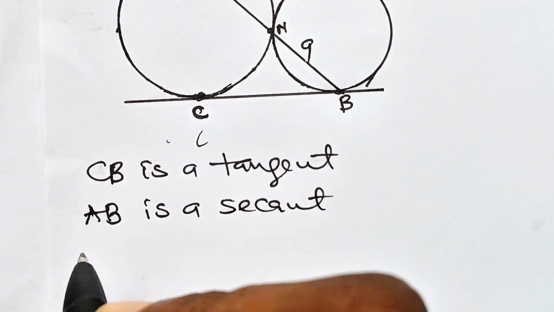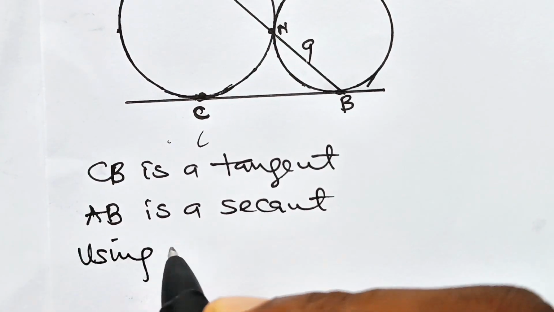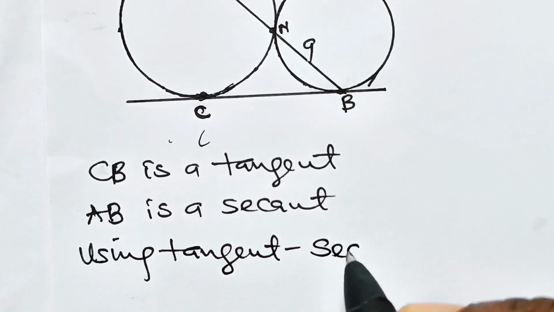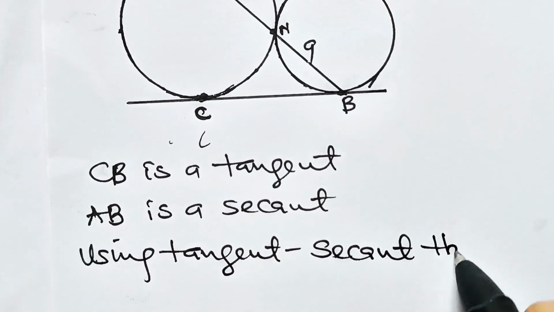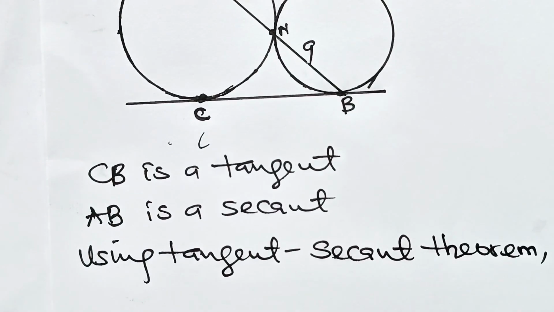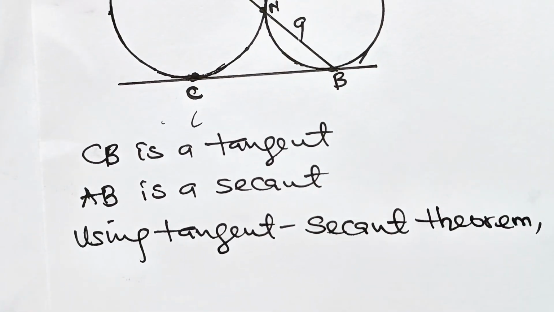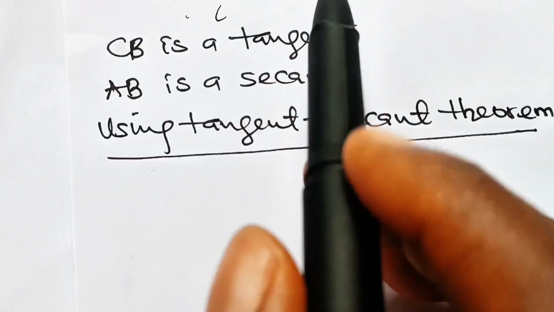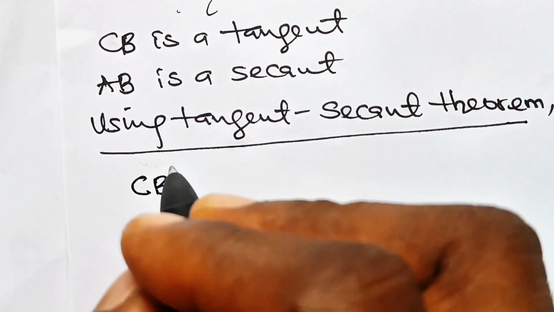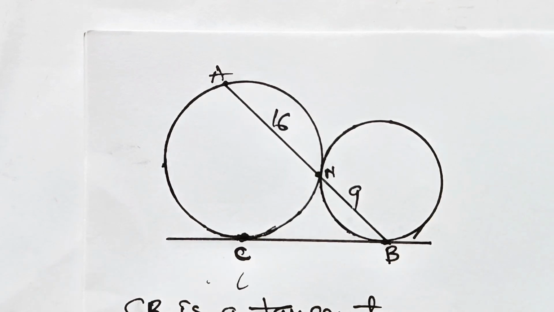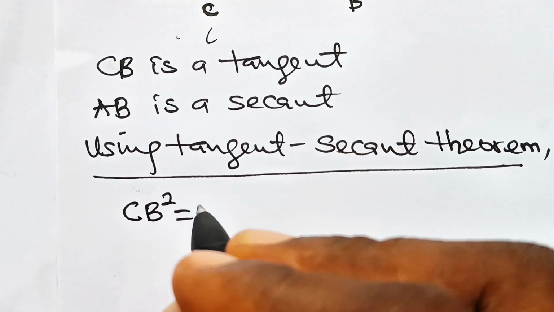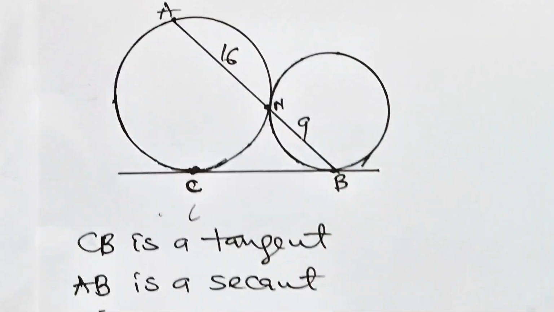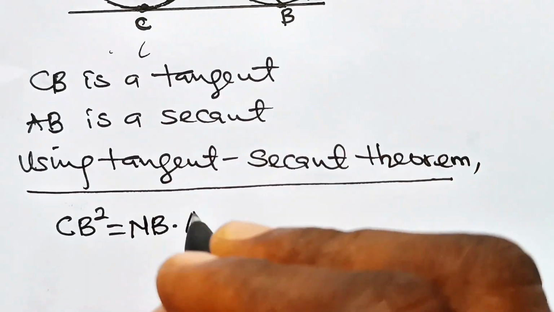So using the tangent-secant theorem, we will have that CB squared will be equal to NB multiplied by AB.